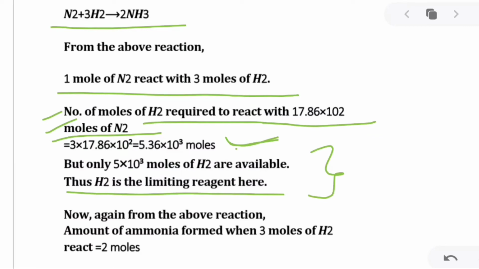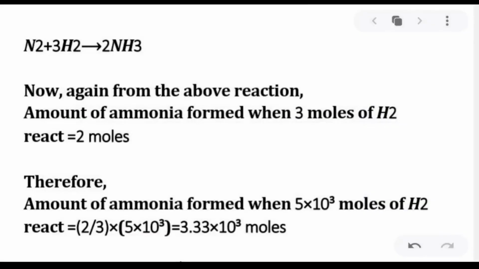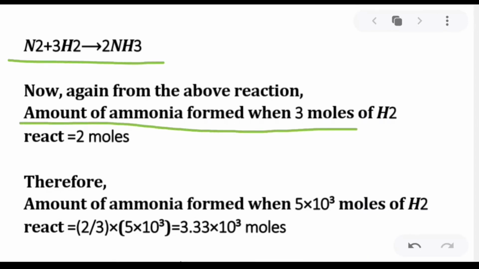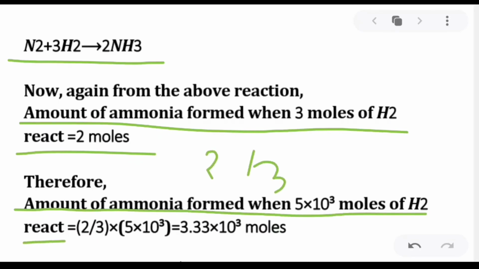Now we will do the further calculation by taking H2 into consideration, as H2 is the limiting reagent of this reaction. From this balanced equation we can say that the amount of ammonia formed when 3 moles of H2 react is equal to 2 moles. So by using the unitary method, the amount of ammonia formed when 5 into 10 to the power 3 moles of H2 react is equal to 2/3 into 5 into 10 to the power 3 moles, which is equal to 3.33 into 10 to the power 3 moles.